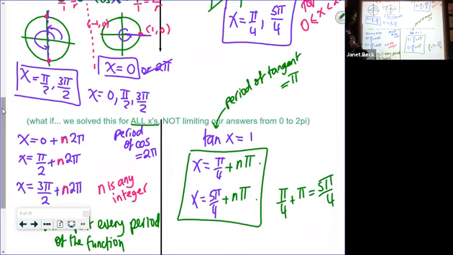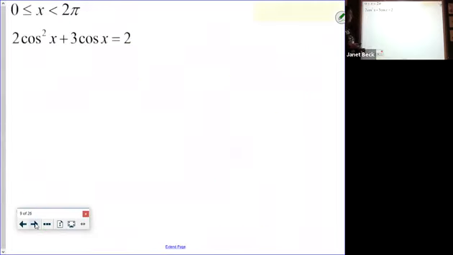Right, time for you to try one on your own. This one's a little tricky. I'm going to make a suggestion. I suggest that you let the cosine of x equal m.